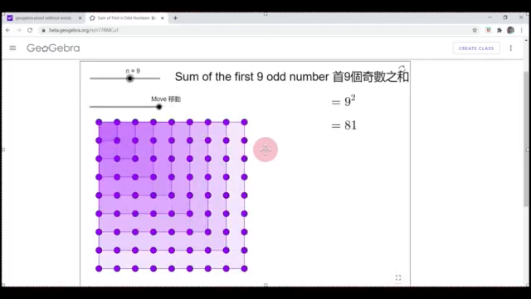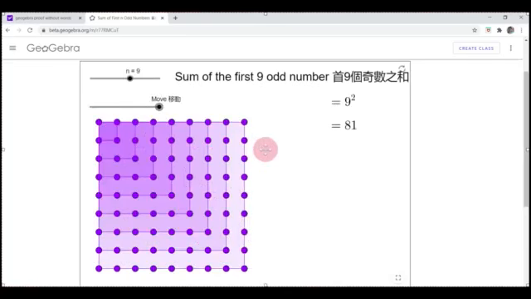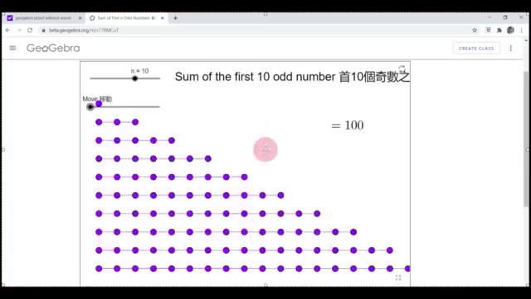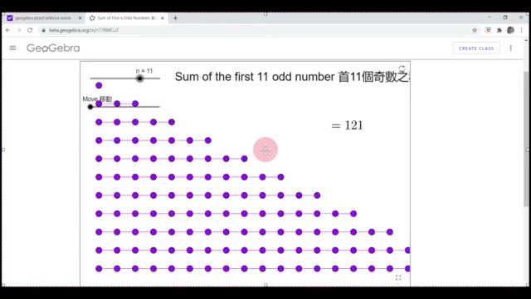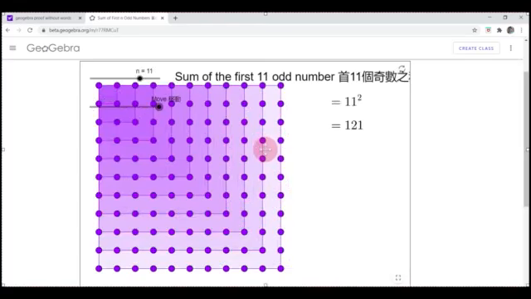Then n is equal to 9, the sum of 9 odd numbers is 81. So n is equal to 10, the sum of first 10 odd numbers is 100. Then n is 11, this is 121. So like this, it is proved that the sum of first n odd numbers is n square.